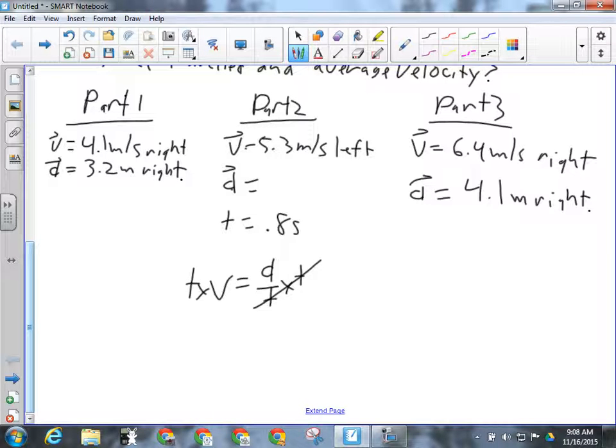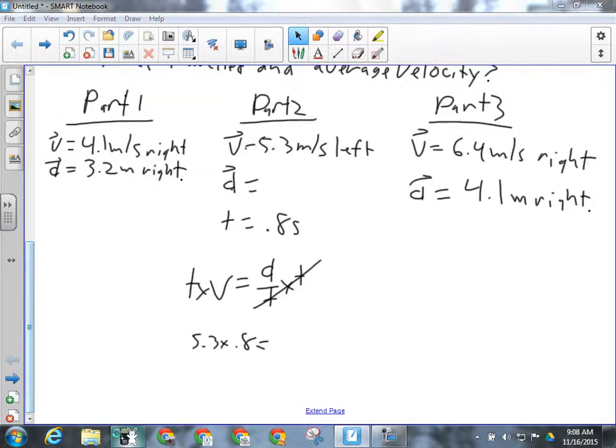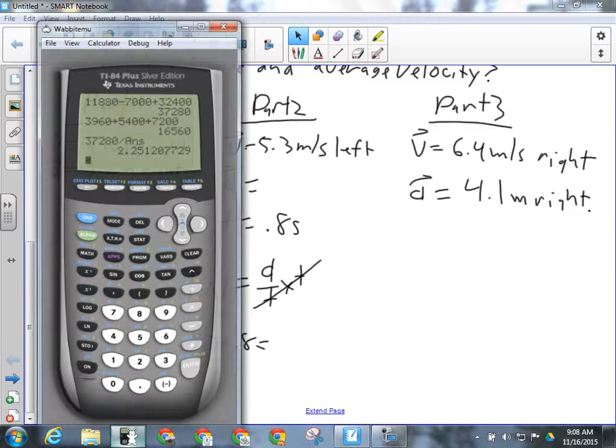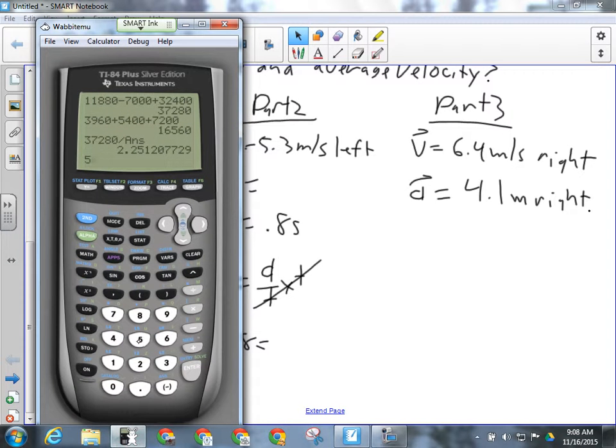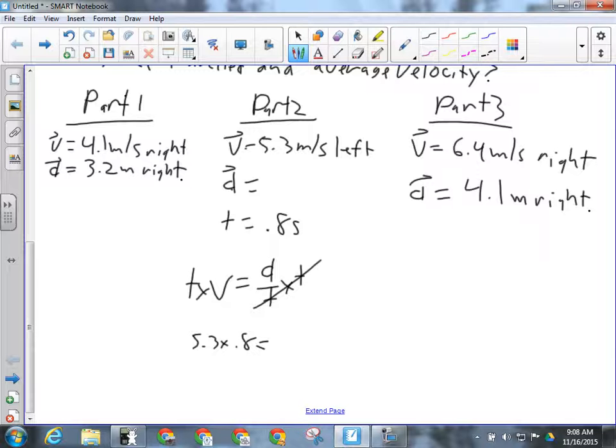All right, so we're going to have 5.3 times 0.8 seconds, and that'll give us our displacement for that part of the question. Okay, 4.24 meters is how far it travels to the left in part 2.